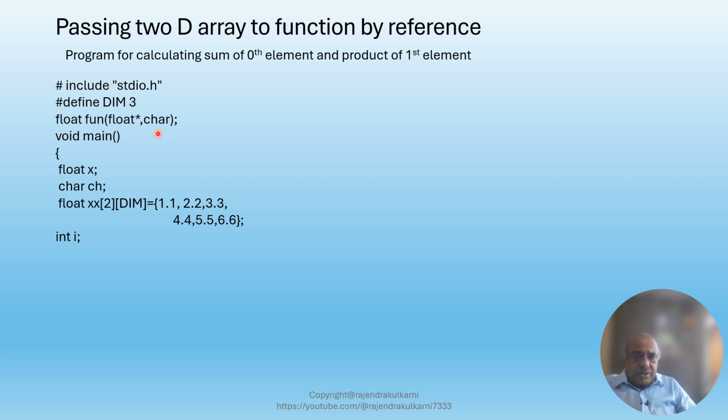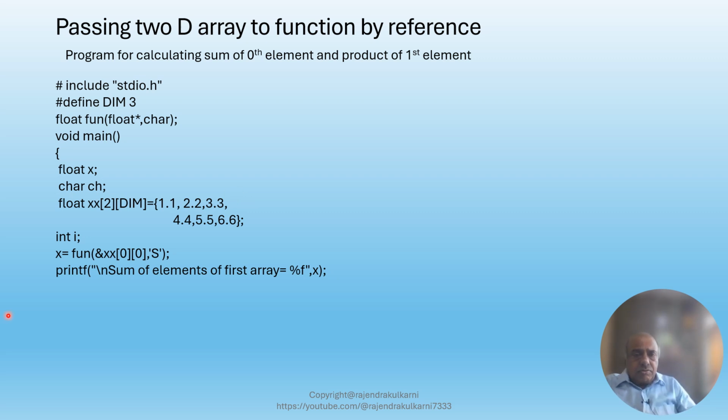Char will tell whether we want the sum or the product of the elements of the array which we are passing. We have declared xx as a float 2D array having two 1D arrays as its elements, and 3 elements are there in every 1D array.